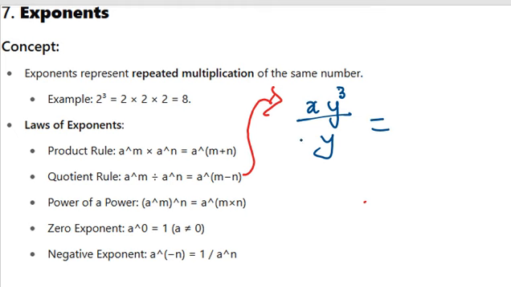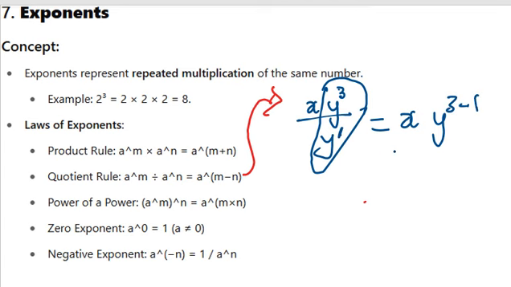What we do is that we focus on the one that has the same variable. We leave x like that, then we focus on y. The power of y below is 1, right? So we subtract 3 minus 1, giving x y squared. Yes, so this is what you have.